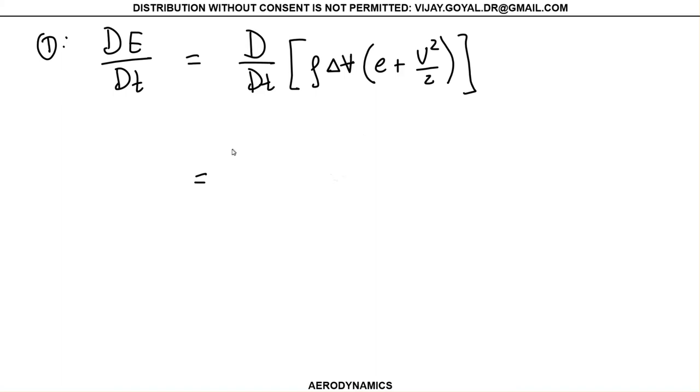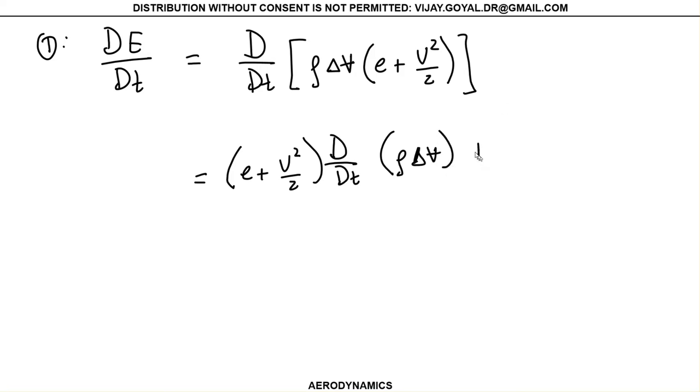You can show that the expression you get is the following: E plus v squared over 2 times the derivative in time of rho delta v, plus rho delta v times the derivative in time of E plus v squared over 2.